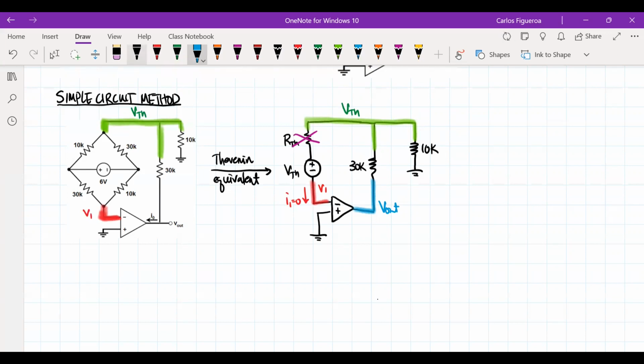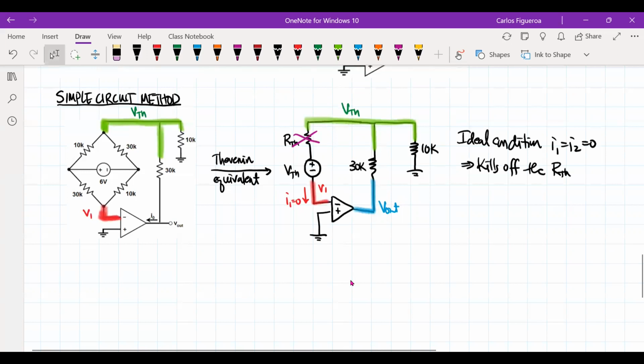So one of the things that you just saw me say is that the ideal condition of I1 equal to I2 equals 0 implies that it kills off the R Thevenin resistor. That's why it's not in the circuit anymore.